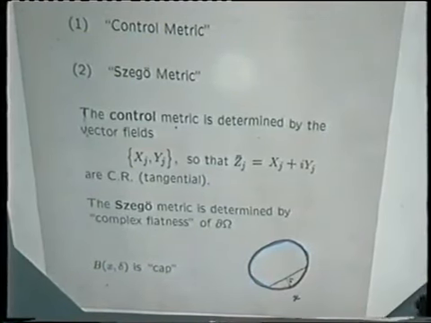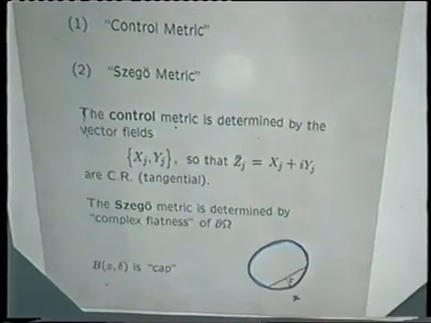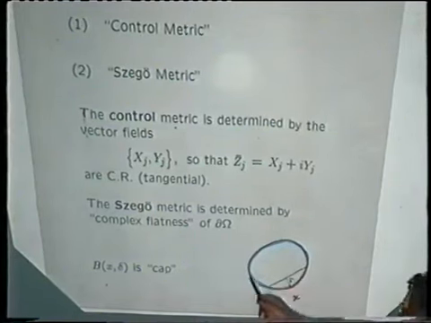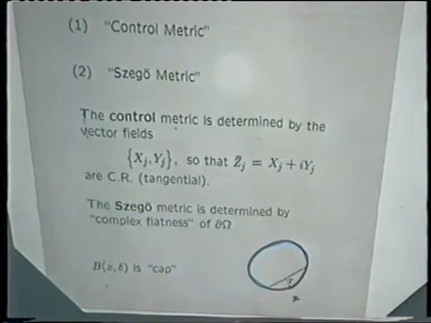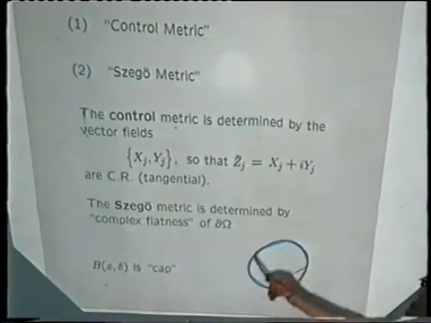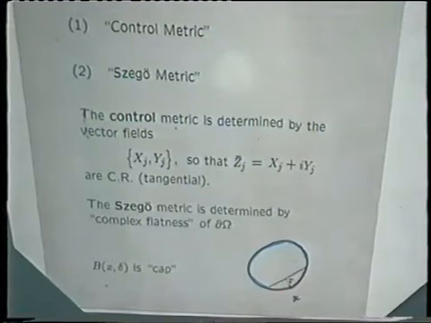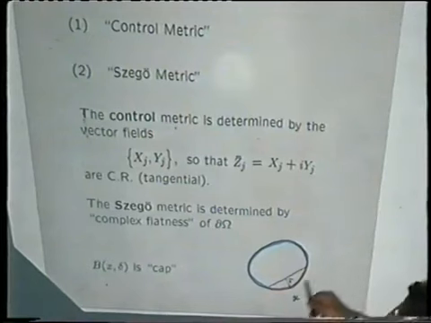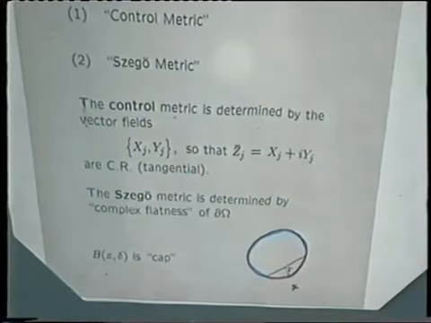So that's one good, interesting notion of distance on the boundary. But there's another one, which for lack of a better name, we call the Zaremba metric. And that is determined also by the flatness, the complex flatness of this domain omega. Let me explain to you how it is. At least this metric can be defined if this omega happens to be convex of finite type. Finite type means that at each point a tangent line makes at most a finite order of contact.